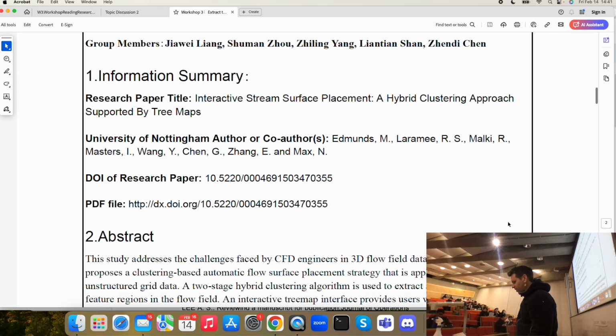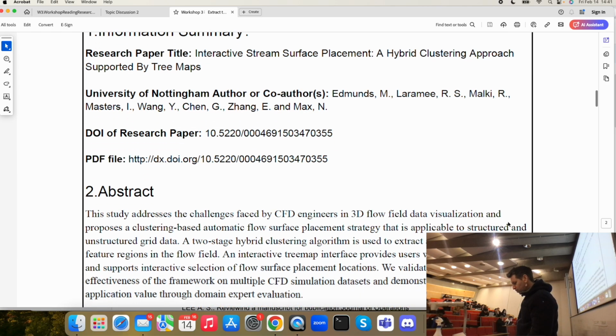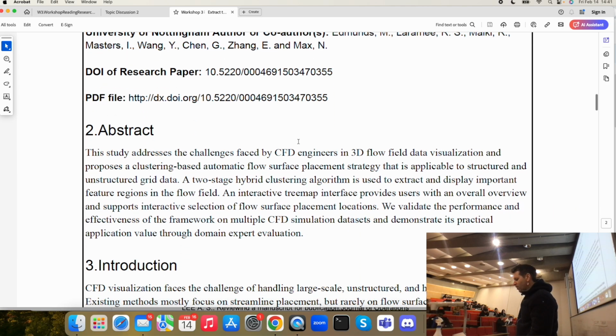Okay, so this is a more traditional research paper. So this section, abstract, we are not including the abstract in this coursework 1.